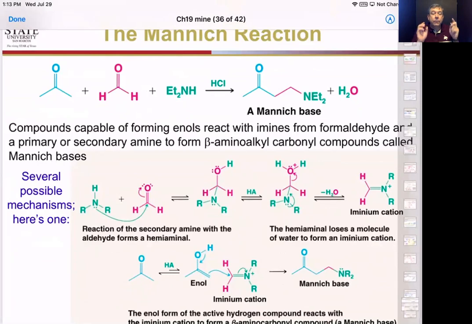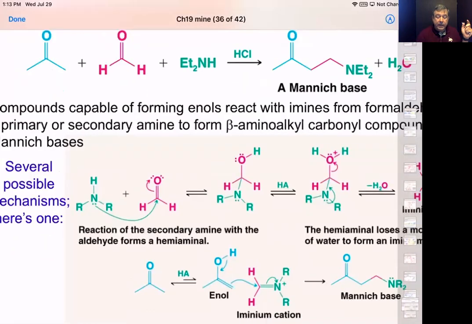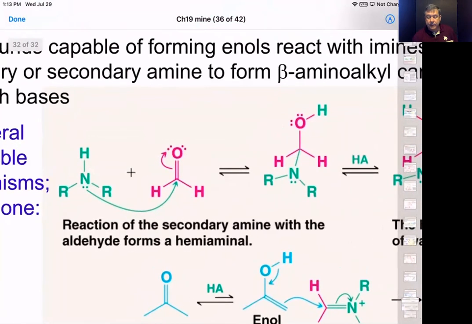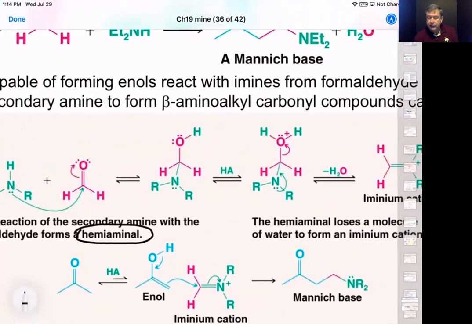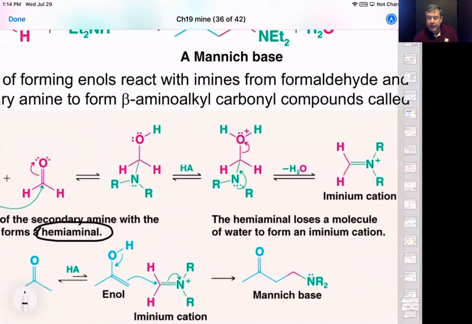Okay, so the first step in this is we pre-react a secondary amine with an aldehyde to form this hemiaminal compound. Okay, so it's not exactly the same as the Stork enamine, because you have a secondary and it gives us this intermediate compound, which gives us our iminium cation here.